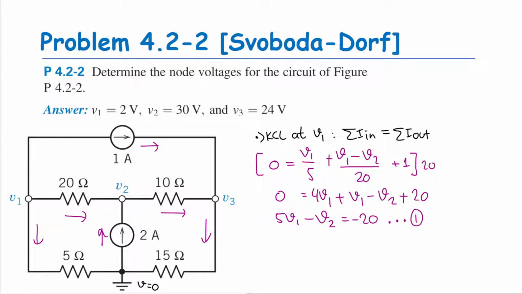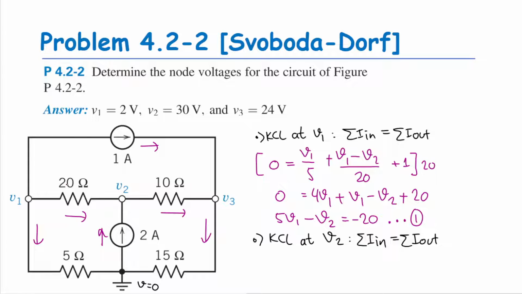Now let's move on to this V2. Let's do the same game here. Now let's do KCL at V2. Again, KCL says that the sum of the currents that go in will equal the sum of the currents that go out. Okay, the only current that goes in is this one. Oh, and also this one.